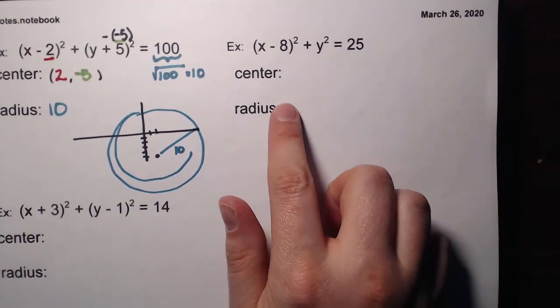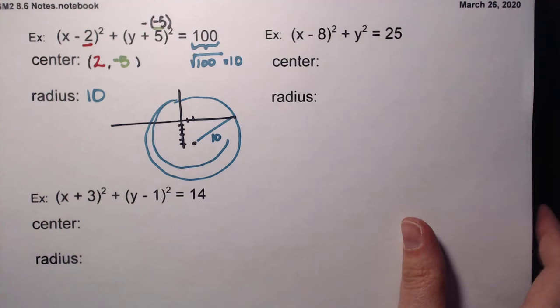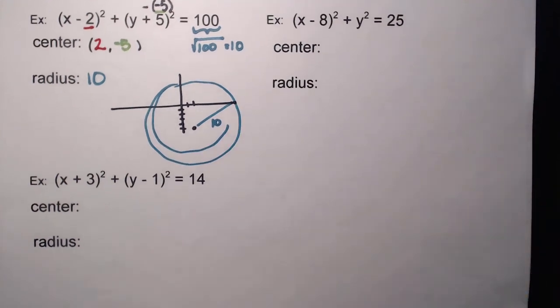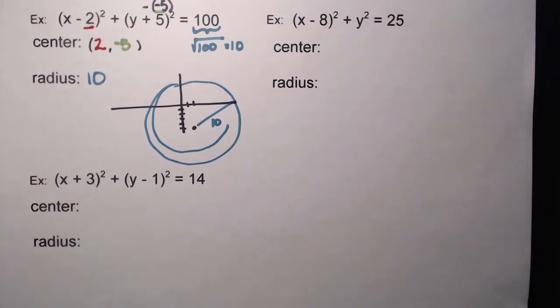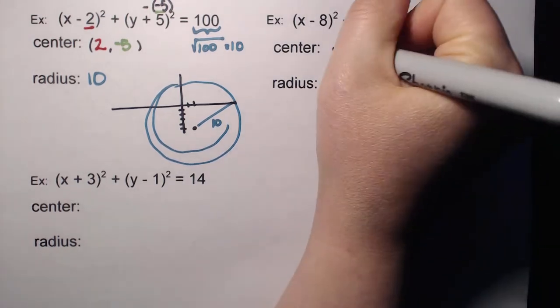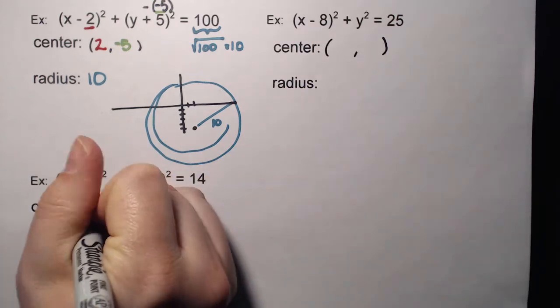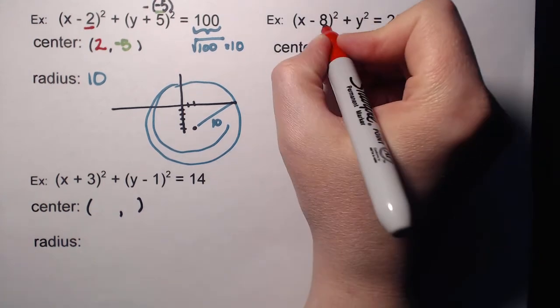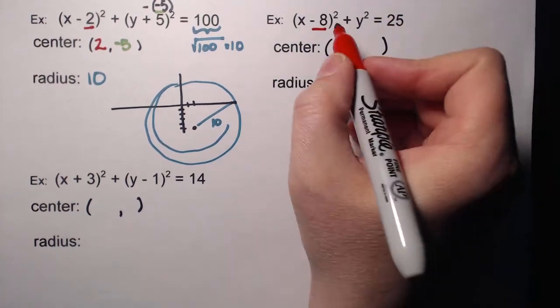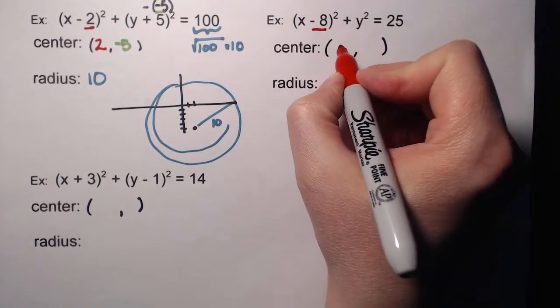Okay, let's look at the center and the radius in this next one, and then our last one as well. So I have that the center, well, it's HK, and the H value in this case is 8 because I want minus my number.